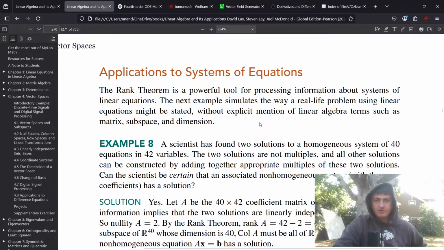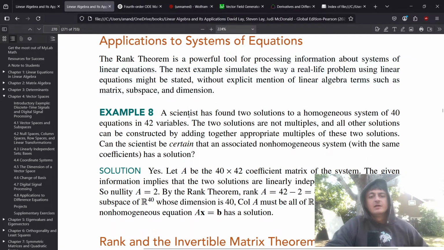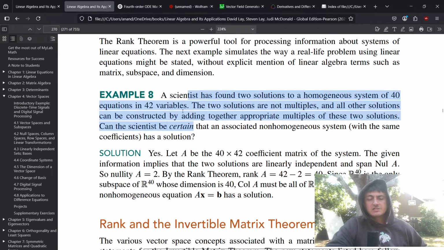The rank theorem is a powerful tool for processing information about systems of linear equations. The next example simulates the way a real-life problem using linear equations might be stated without explicit mention of linear algebra terms such as matrix, subspace, and dimension. A scientist has found 2 solutions to a homogeneous system of 40 equations in 42 variables.